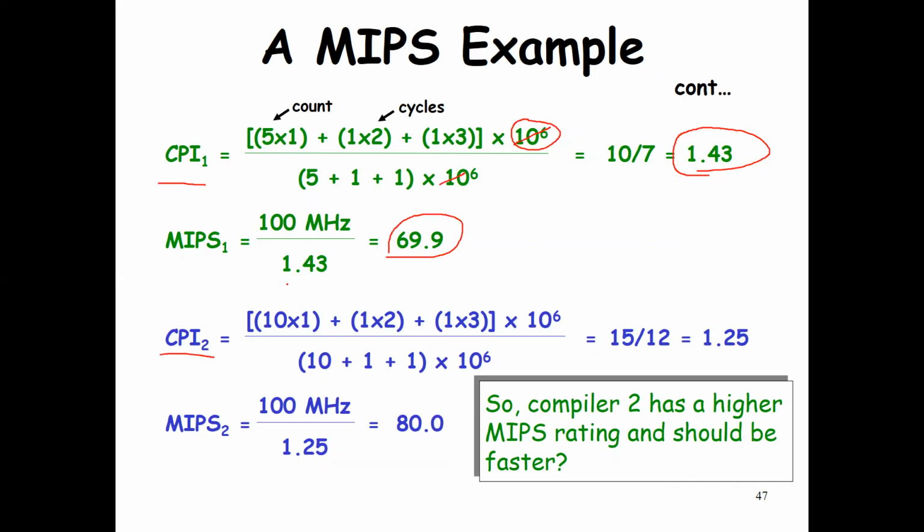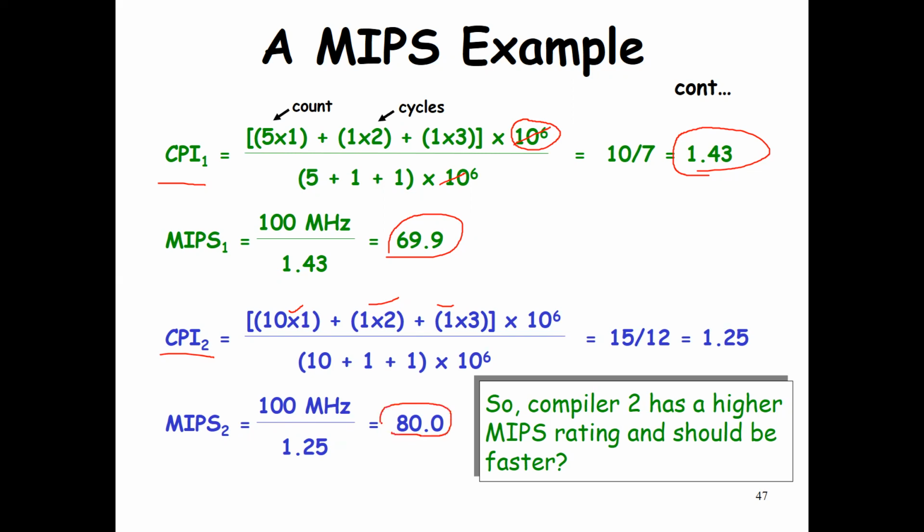For the second program, it is 10 into 1 plus 1 into 2 plus 1 into 3, into 10 to the power 6, divided by 10 plus 1 plus 1, which is 1.25. Again, it is 100 by 1.25, and the 10 to the power 6 from megahertz cancels out. 100 by 1.25 is nothing but 80.